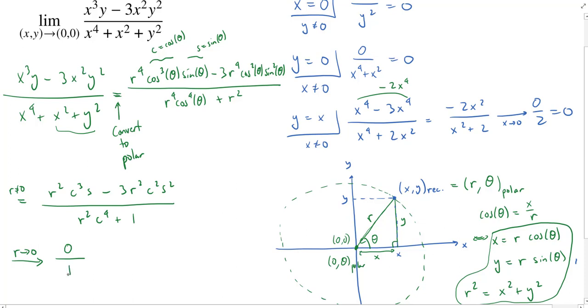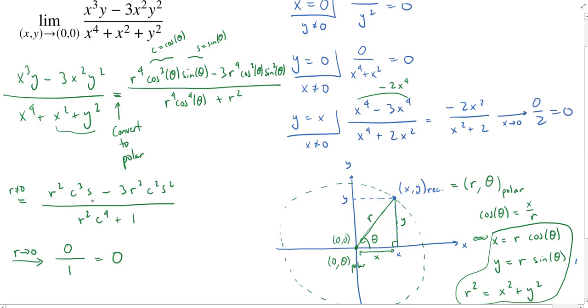So this will be going to 1. And so we know now that if we switch from rectangular to polar coordinates, we can see that this fraction is going to be going to 0 as the points we choose get closer to the origin, as the distance from the origin gets closer to 0.